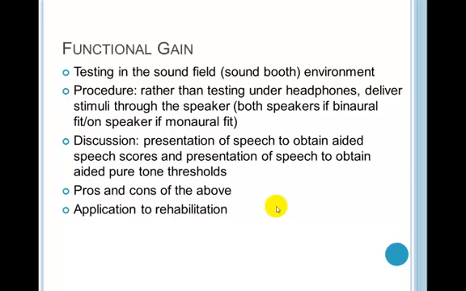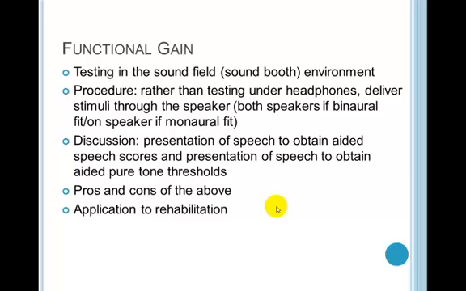Functional gain is when we test in the sound booth, in the sound field environment. The procedure is, and again, I'm reading from the slide, rather than testing under headphones or insert earphones like we did to obtain our audiogram or thresholds, now we're going to deliver the stimuli, the tones or the speech, through the speakers.